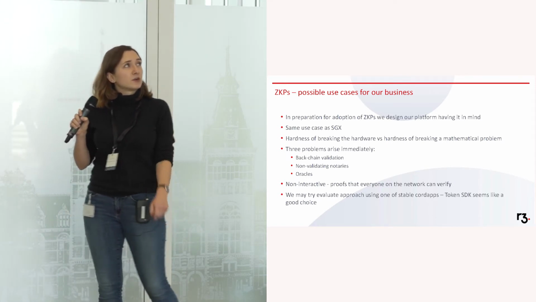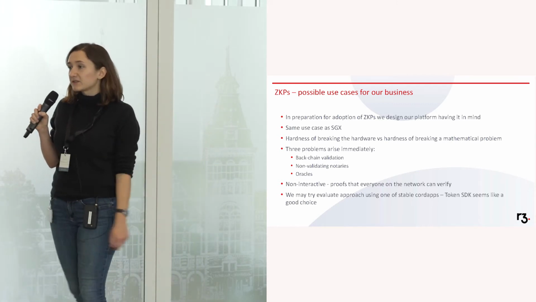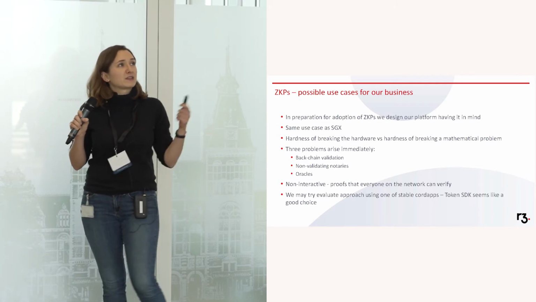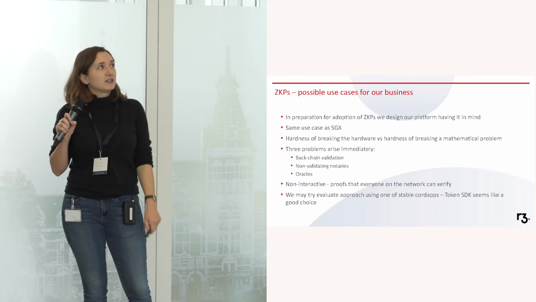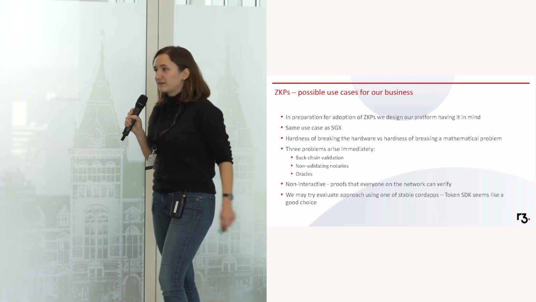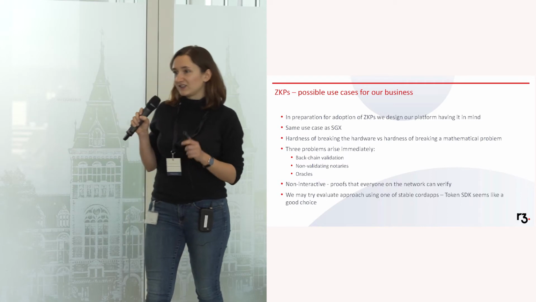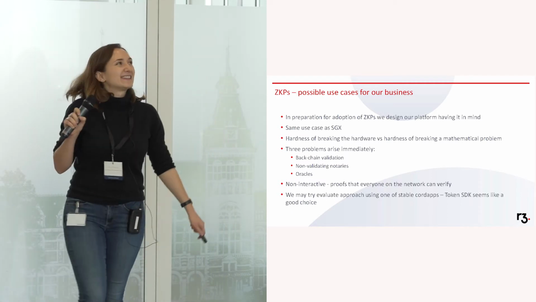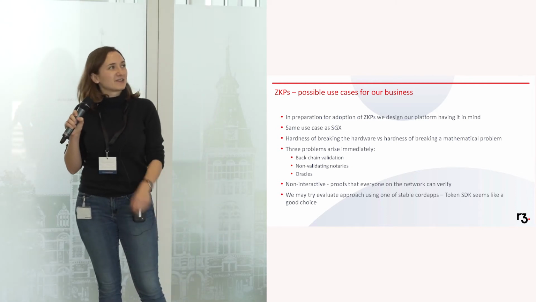As I mentioned before, there are 3 use cases. Actually, I mentioned 2 use cases, but there is also a third one, that we could apply the mathematical techniques to our platform. So first, backchain validation. Second, non-validating notaries, which, interesting enough, last week I attended a conference talk by the ING team that did a small POC on using non-validating notaries, which will be interesting.